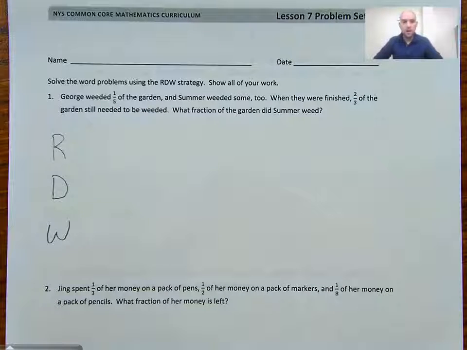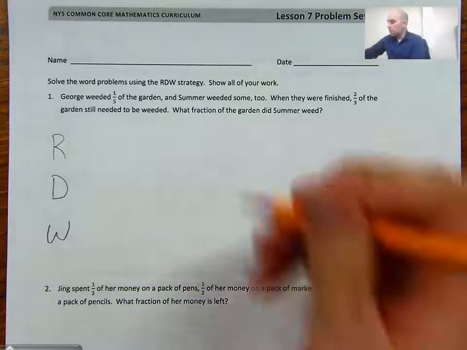So the first letter here is R. That stands for read. I'm going to read my problem. It says, George weeded 1/5 of the garden, and Summer weeded some too. When they were finished, 2/3 of the garden still needed to be weeded. What fraction of the garden did Summer weed?